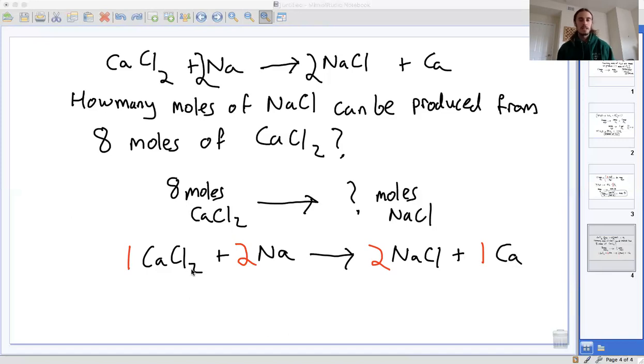So all I've done here is I've rewritten the equation, and where there is no coefficient, I've put in a coefficient of 1, right? Because that's what's implied here.